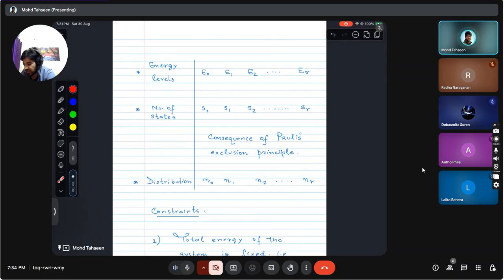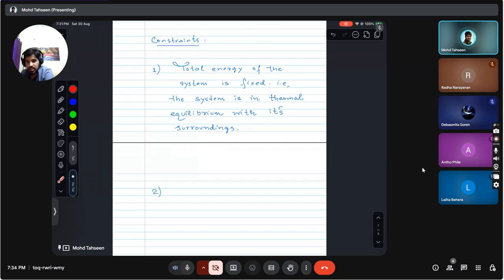In that equilibrium state, how is this n0, n1, n2 related to the energy and the number of states? So we want to develop a functional relationship between these quantities. That is our objective here, and we are doing it under a certain set of constraints, the first of which is that the total energy is fixed.